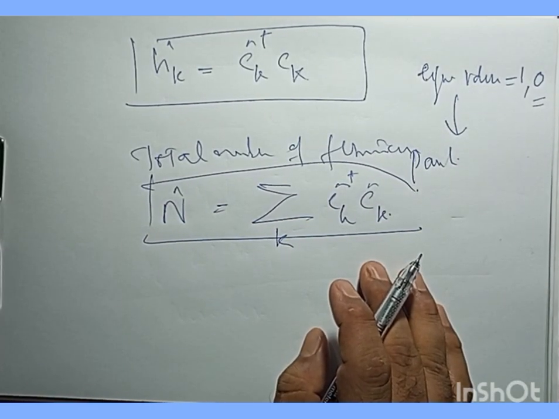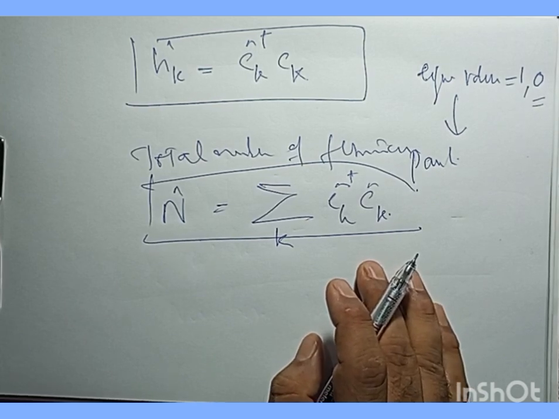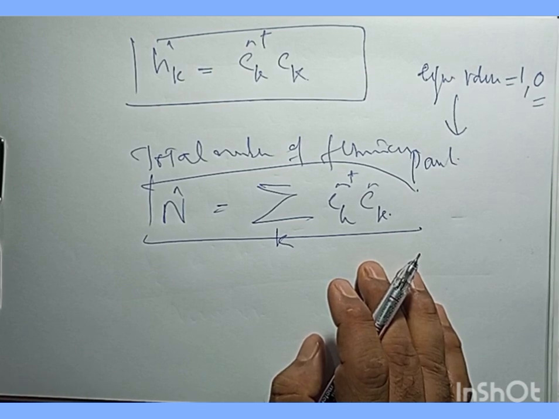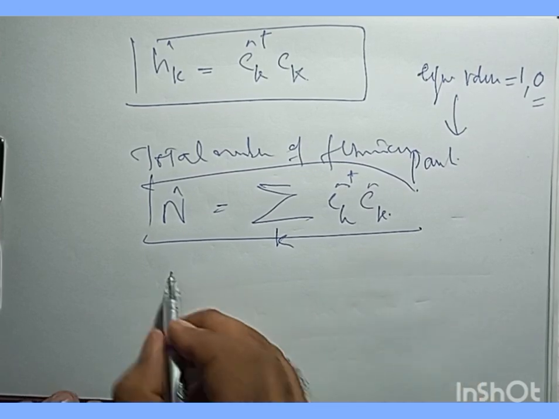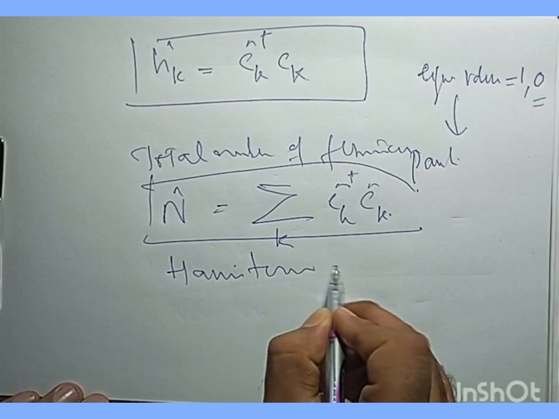If we move on from here, now what we want is the Hamiltonian. We want the total energy of the fermions, and we have assumed that there is no interaction between these fermions, so we can write down its Hamiltonian now.